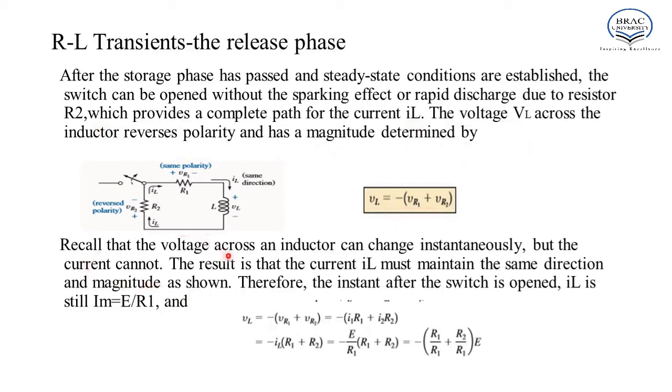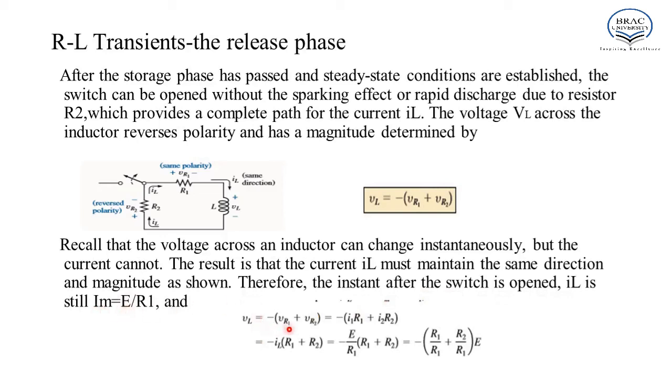Recall that the voltage across an inductor can change instantaneously, but the current cannot. The result is that the current IL must maintain the same direction and magnitude as shown. Therefore, the instant after the switch is open, IL is still Im equals E by R1.